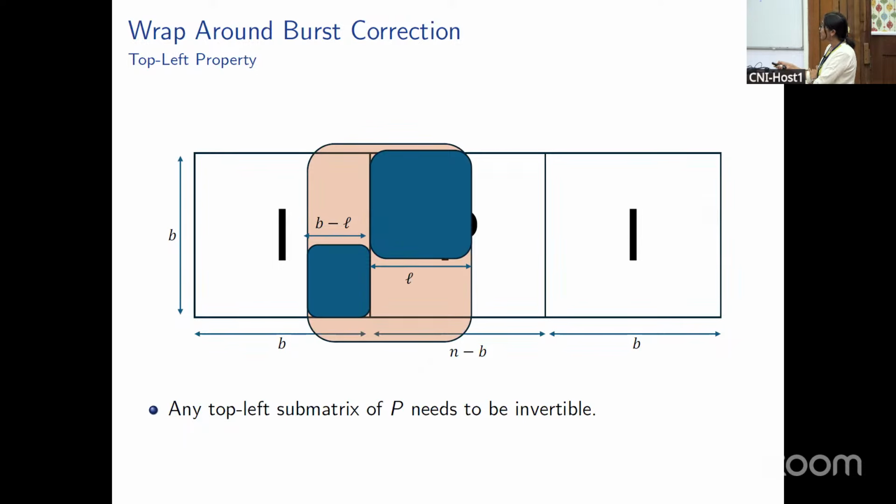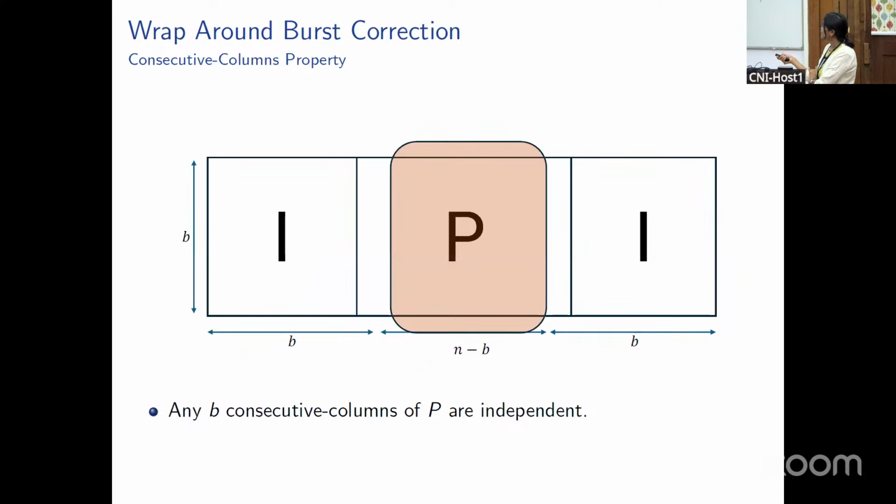So this matrix will be invertible as long as this top left submatrix of P is invertible, which means that to correct from this burst, P needs to have the property that any top left submatrix needs to be invertible. Just going ahead with one other burst erasure scenario: if all the B burst erasures are happening in these indices, then any B cross B submatrix of P needs to be invertible. This we call the consecutive columns property.